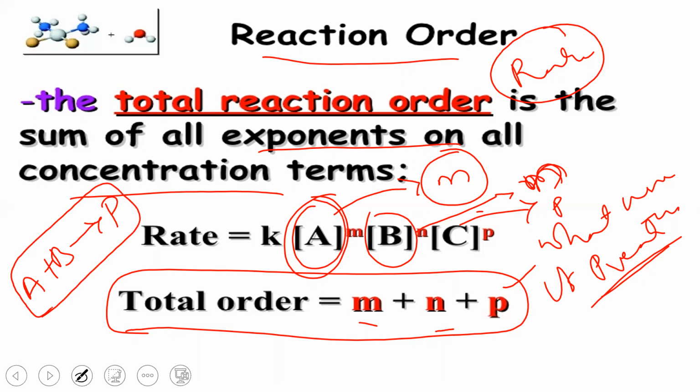If you observe this reaction, the rate of the reaction, which means the speed of the reaction, depends only on A. If you change the concentration of A, it will automatically affect the rate of the reaction. If you change B, that will not affect the rate of the reaction. That means the rate of the reaction depends only upon the concentration of A.